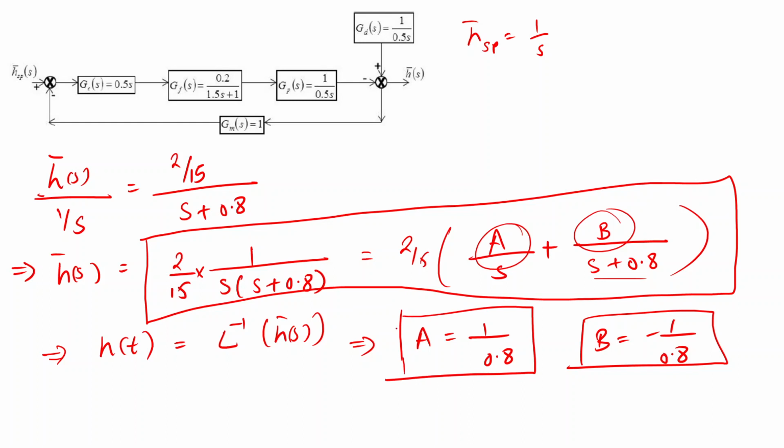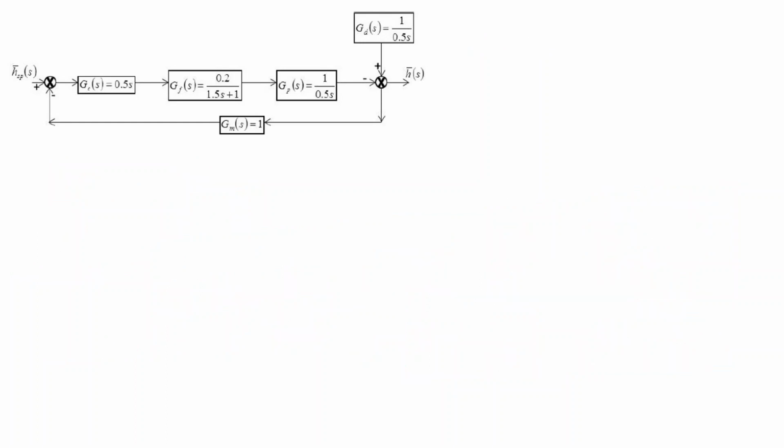So we can put these values of a and b in this equation, and we will have h bar s equal to 2 upon 15 into 1 upon 0.8 upon s, minus 1 upon 0.8 upon s plus 0.8.